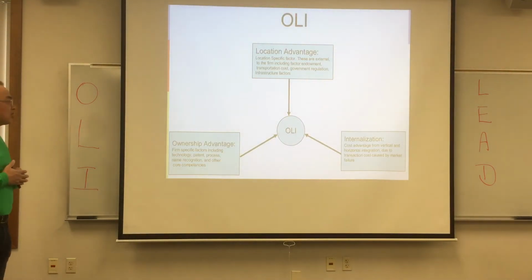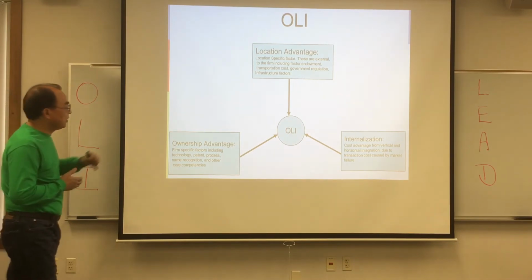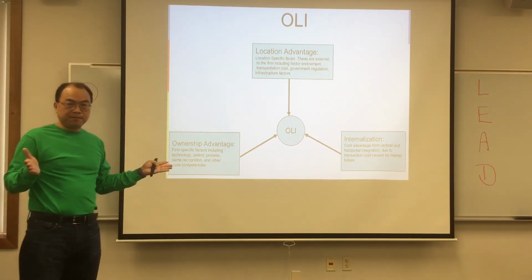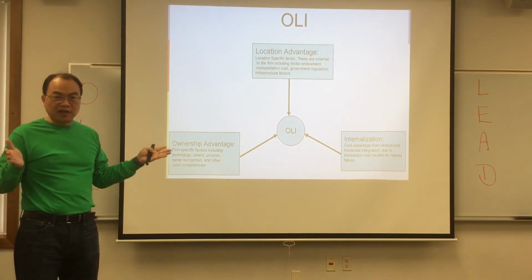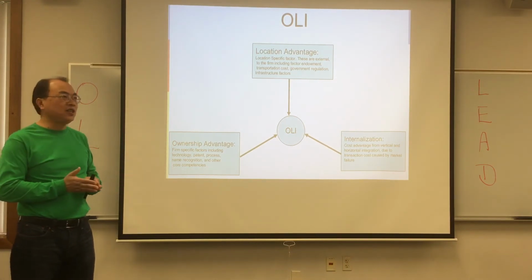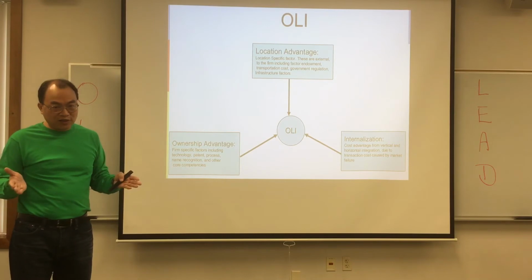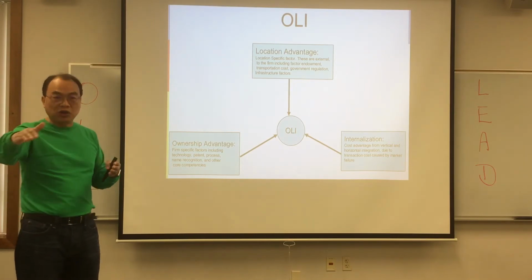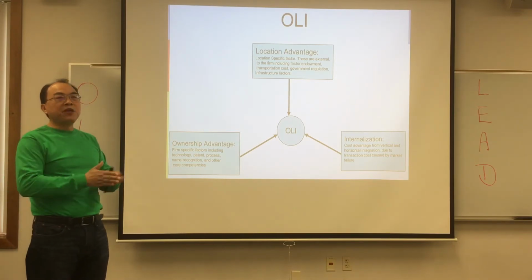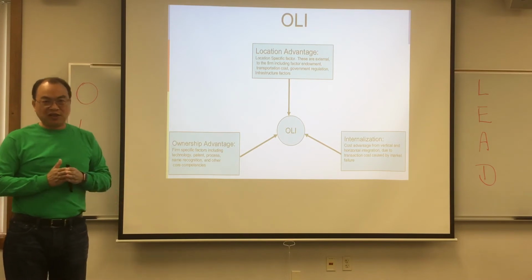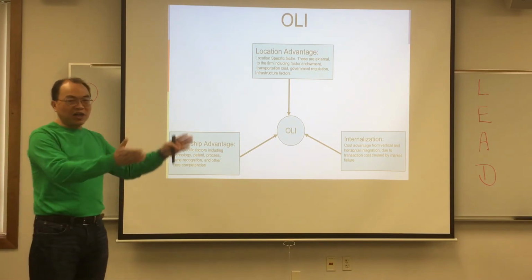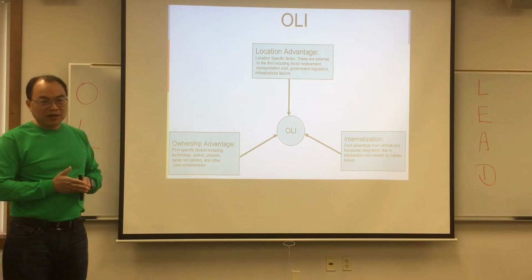So let's go back to location advantages, right? When you make a Tesla in a place, you need not just the technology. You need skilled workers. You need big space, a big factory. You need other components, right?